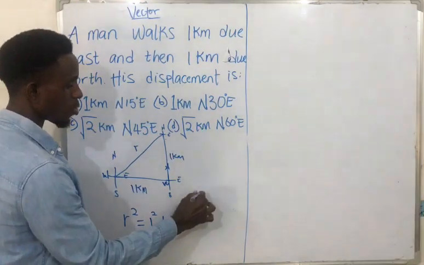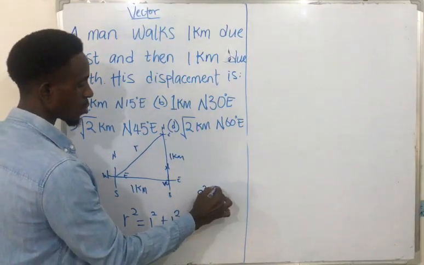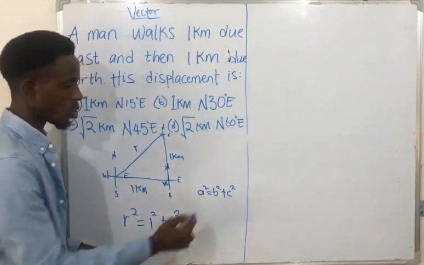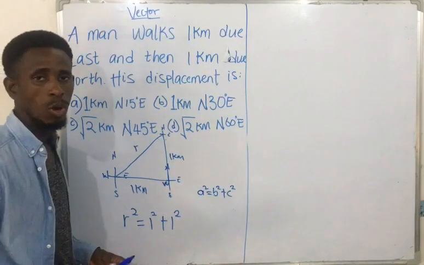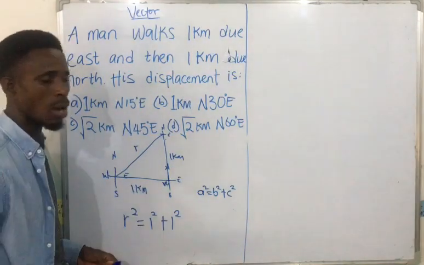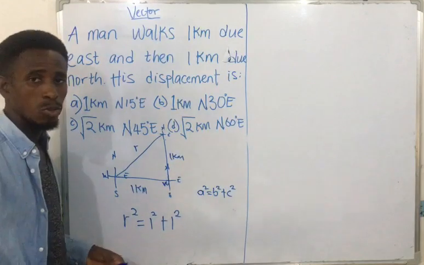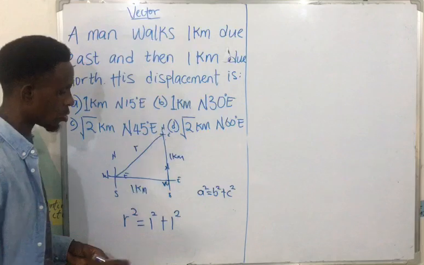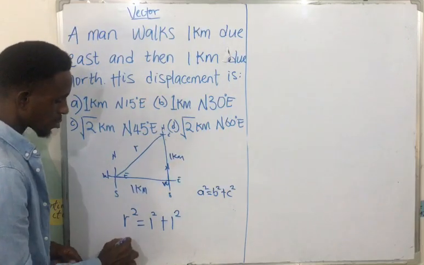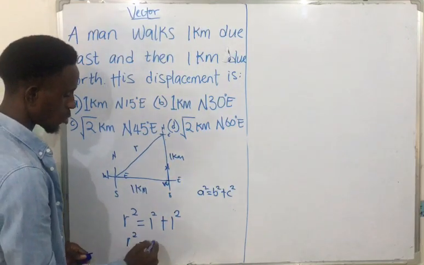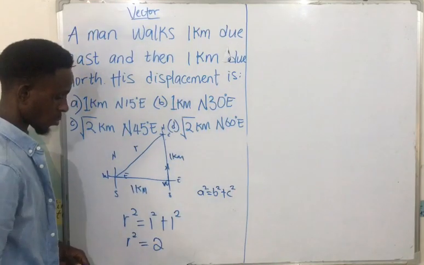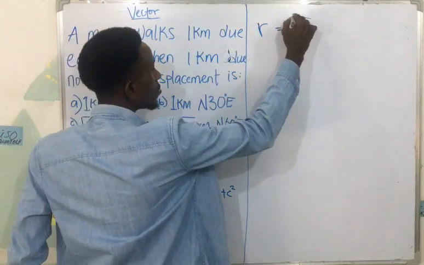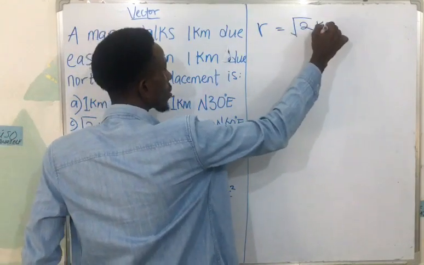You know that Pythagoras theorem is a squared is equal to b squared plus c squared, where my a is the hypotenuse, the b can be the opposite or adjacent depending on where the angle is, and then the c can also be either the adjacent or the opposite depending on where the angle is also. Now my r squared here is going to be equal to 2. You see that? Then my r here is going to give me root 2 kilometers.